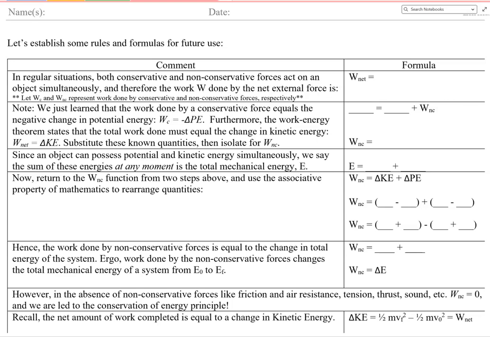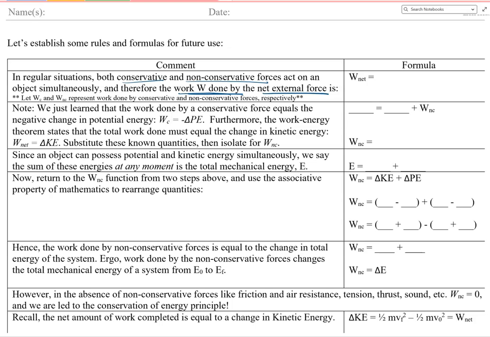So we'll start off with the comment on the left and kind of summarize it with a formula on the right. In most situations, or in a regular situation, both conservative and non-conservative forces can act on an object simultaneously. So therefore, the amount of work that's being done on an object can be computed by examining the net external force or the net force.